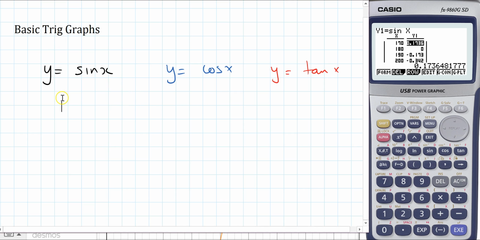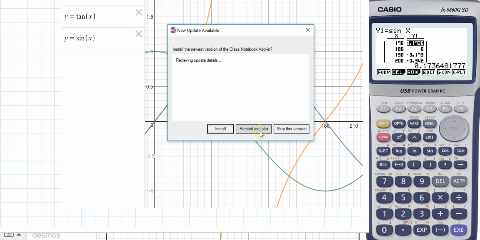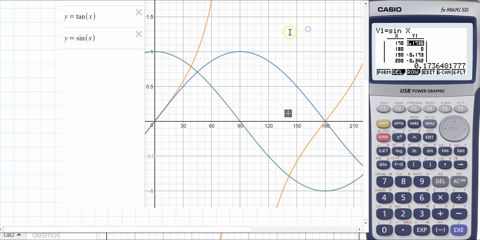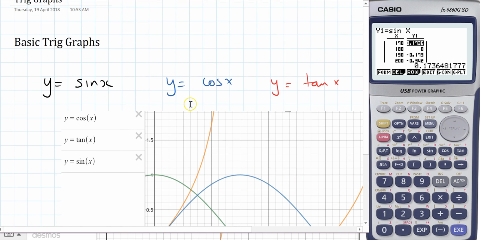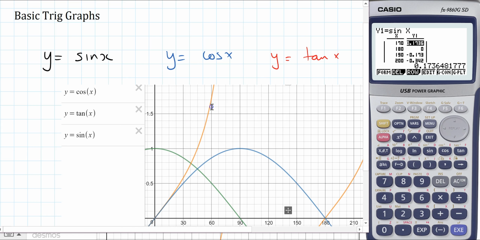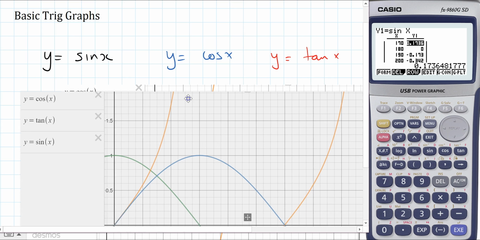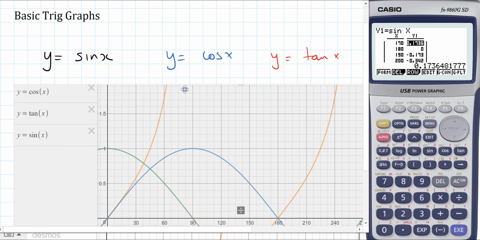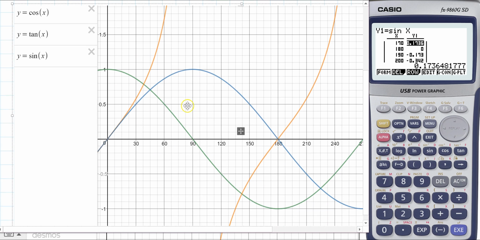So if I just insert a copy that I made of that picture. There's the image that I've put in, and I just need to move it around slightly. And so here are the different graphs.